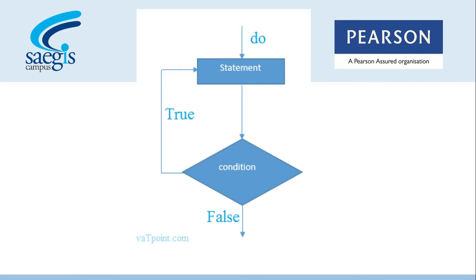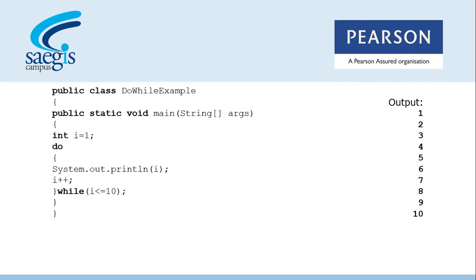So this is what will happen in the do while loop. At first, they will execute the statements, then they will check the condition. If the condition becomes false, then it will exit from the loop. Otherwise, it will go again and iterate the statements.